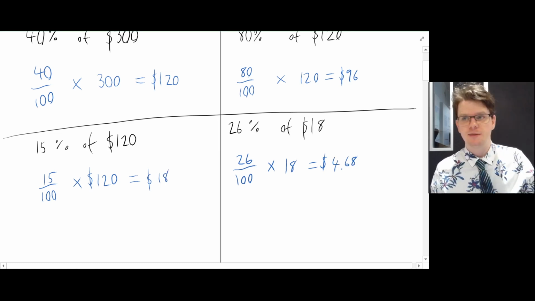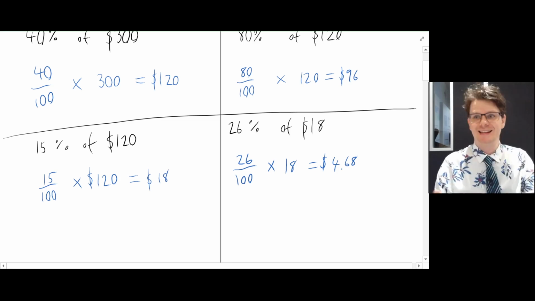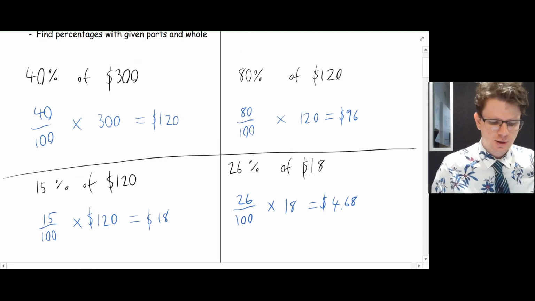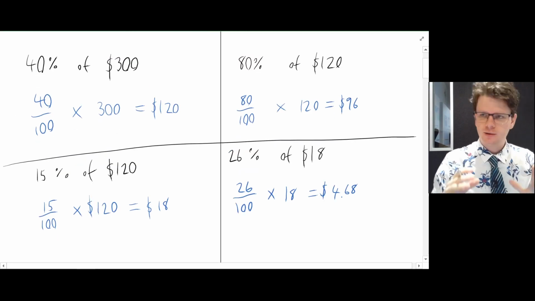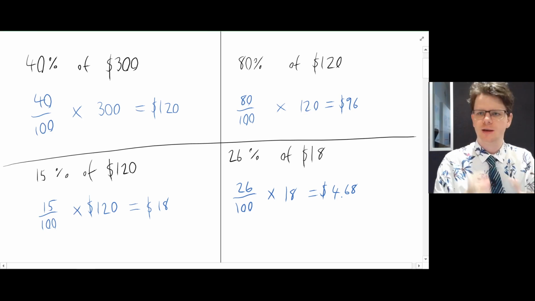Not a bad thing, it just means that sometimes we get nice even answers, sometimes we're going to get less even answers. Not a problem either way. Alrighty, so we've had a look at that. Hopefully at this point you're looking at all of these and you're like, they're all pretty much the same. Divide by 100 times by the thing we're looking for. And that's pretty much going to be our game for whenever we need to use a percentage.